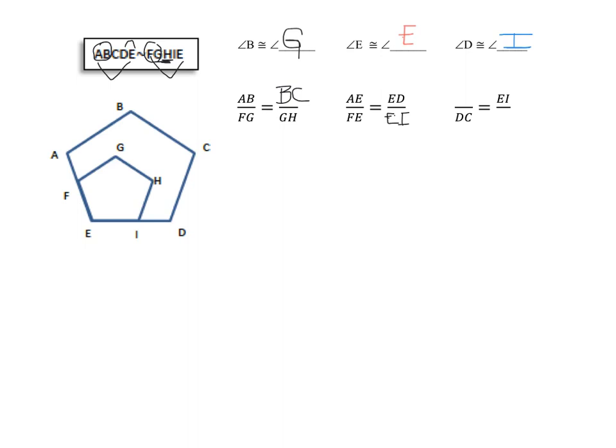And then we have something matching up with DC. So we have DC here. So that must be IH. And then we have EI. That must match up with DE.